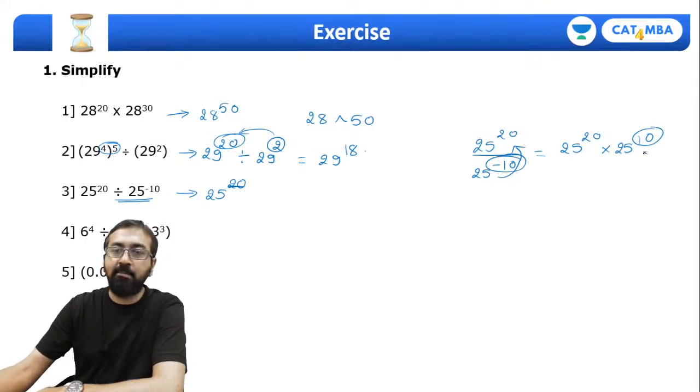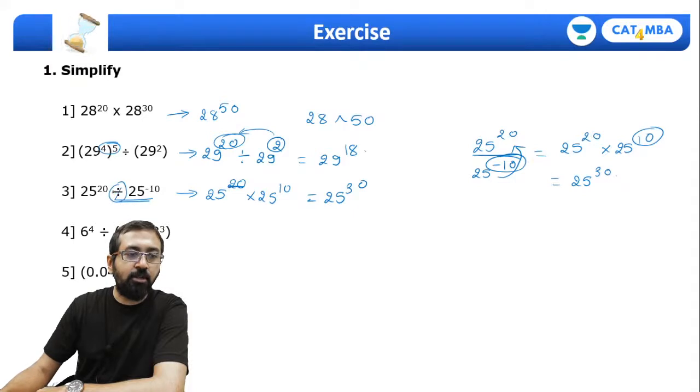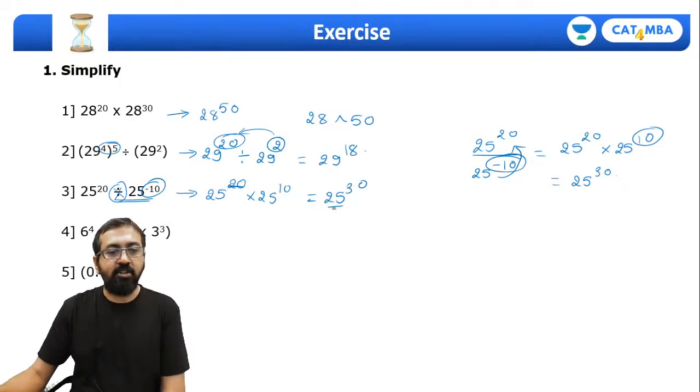Minus 10 became plus 10. So this is nothing but 25 raised to 30. Are you all clear with this, everyone? Once again, you can also think of it this way: whenever we put a multiplication sign instead of division, the power sign will be changed, and vice versa. So the answer is 25 raised to 30.